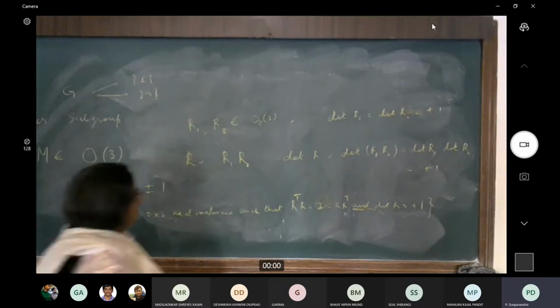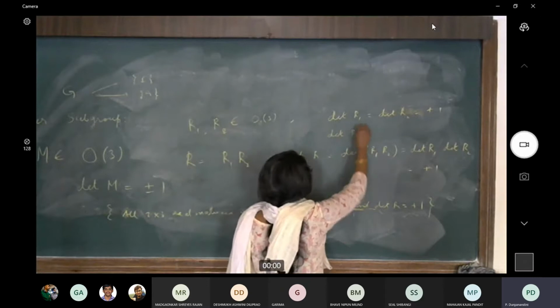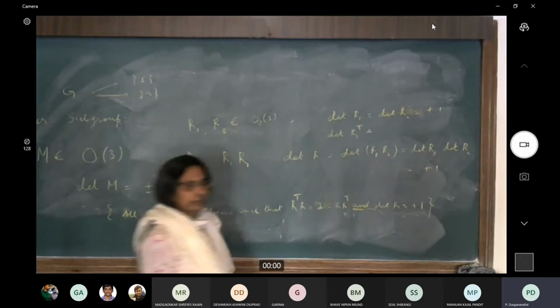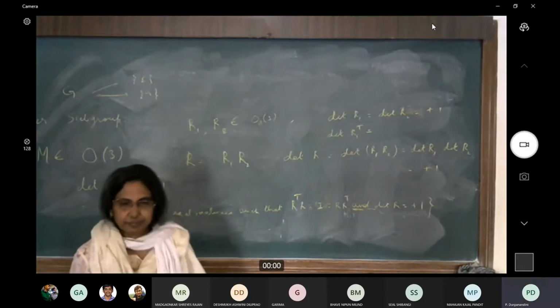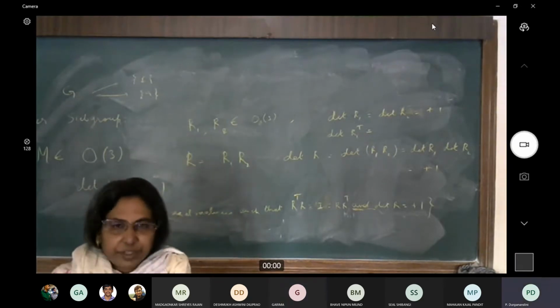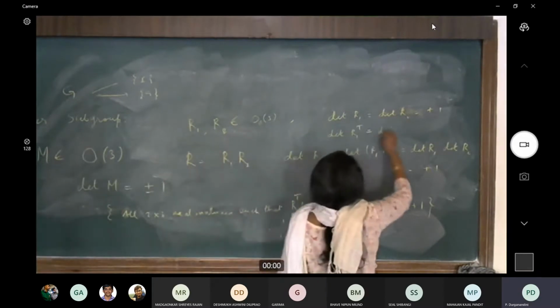And you also know that if determinant of R1 equals plus 1, what is the determinant of R1 transpose? Given a real matrix, it has to be the same as the determinant of R1, no? Because it's a real matrix.